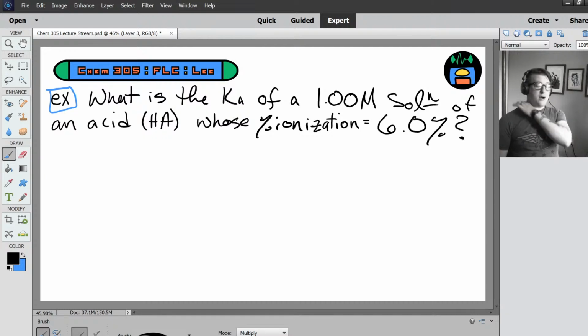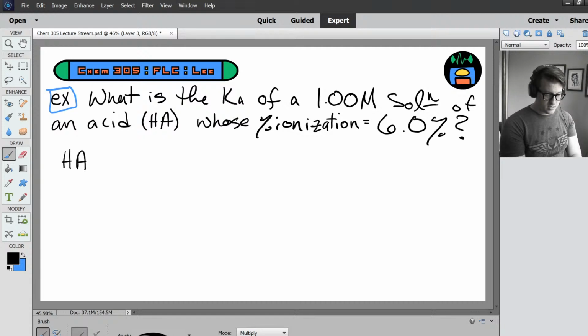All right. Now, this may seem like it's coming completely out of left field, right? But remember, we're dealing with an acid ionization. So we're dealing with the reaction of HA and H2O to make hydronium and the conjugate base.